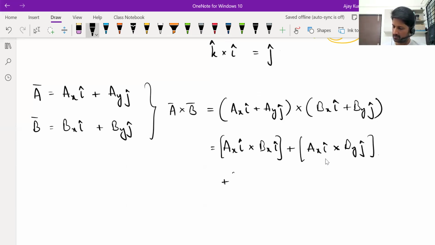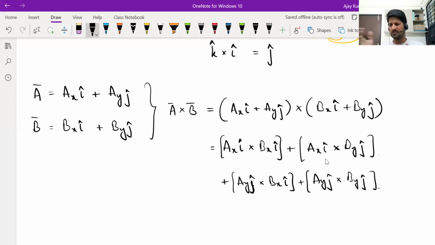Next, AY J cap cross BX I cap, plus AY J cap cross BY J cap. So basically you'll have to take cross product of every term of the first vector with every term of the second vector. If there are three components also, you'll have to do it like this only.